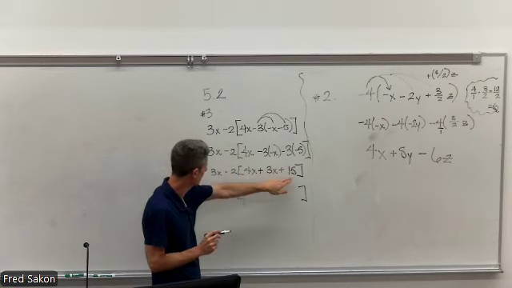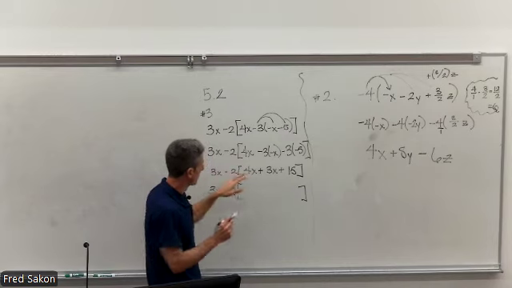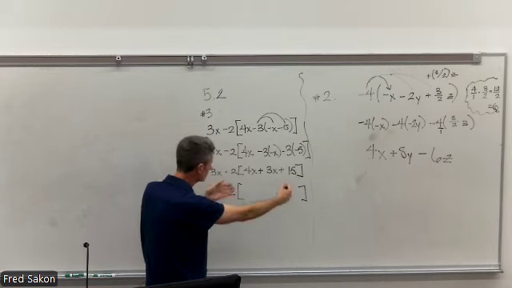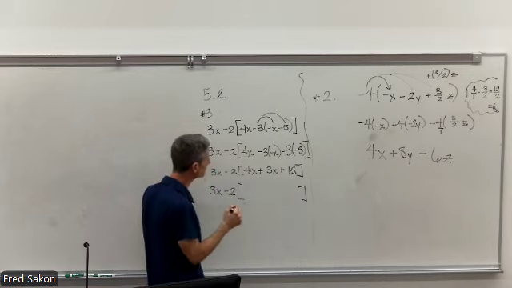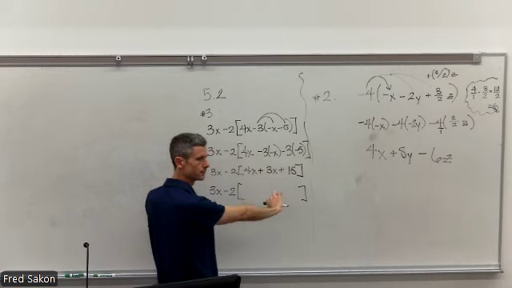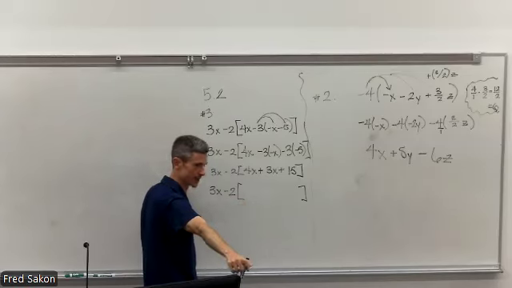Now that we have all of these, and we want to operate within our parentheses like we normally do, tell me, are any of these alike? Yeah. So what would they combine to, Jackie?